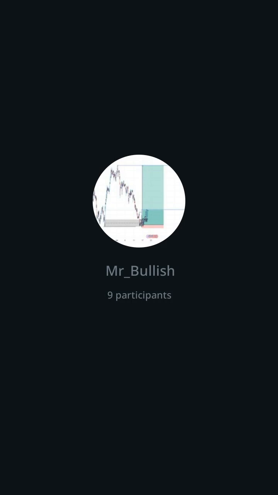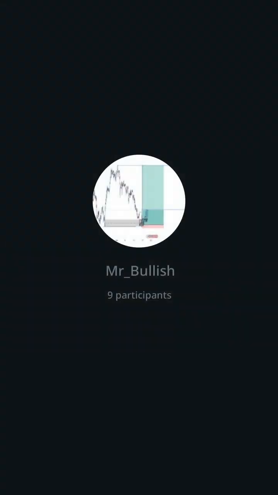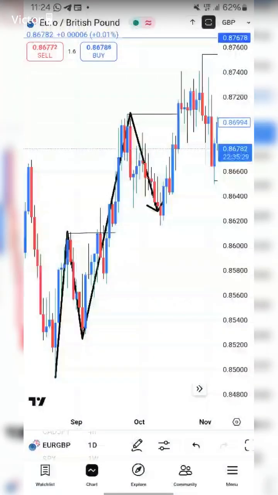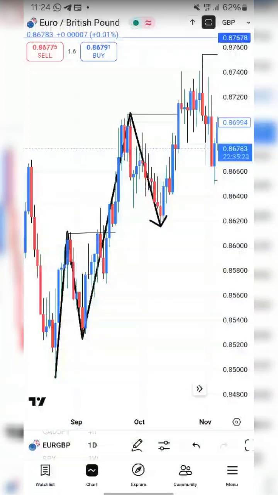Then what happened? As price broke and changed that market structure to this point, it retraced again. It retraced down to this point. Then before it went up to break this new market structure region, right?